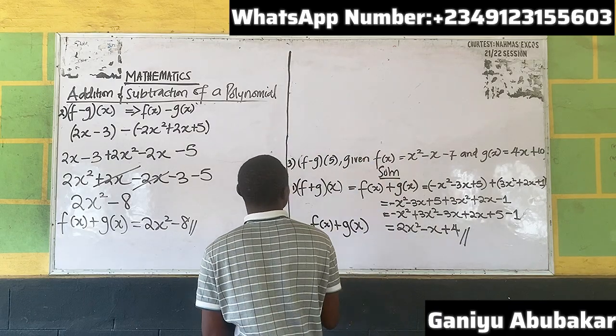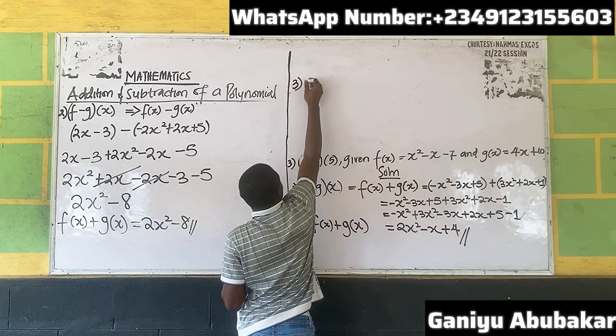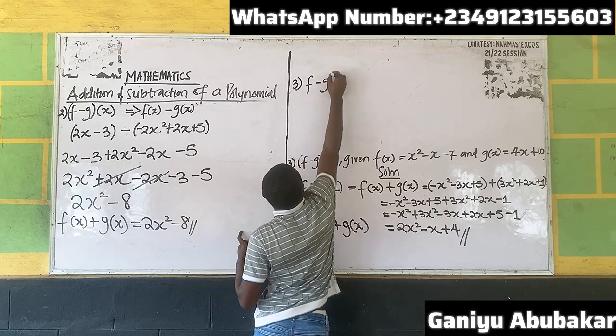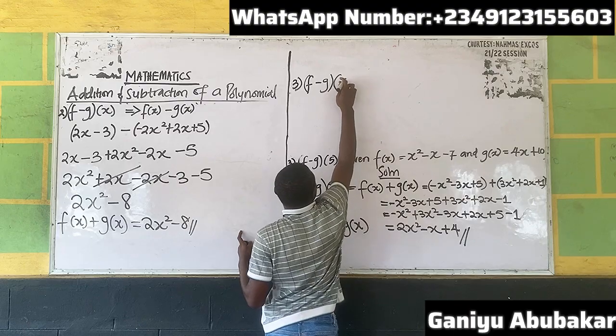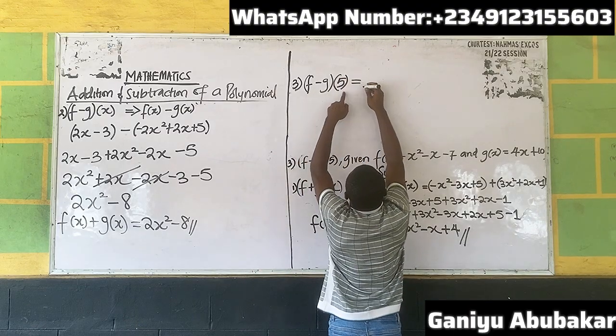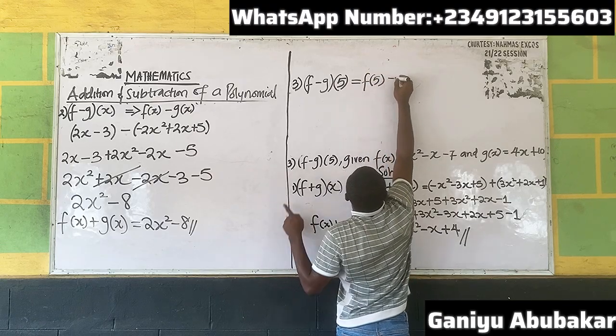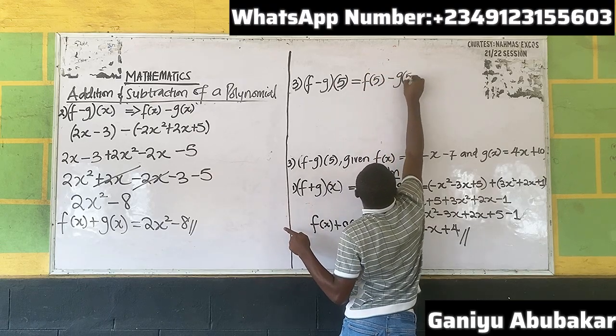For question 3, I have f minus g. Of course, it is meant to be x here, but there was 5 here. So it's simply f of 5 minus g of 5, right?